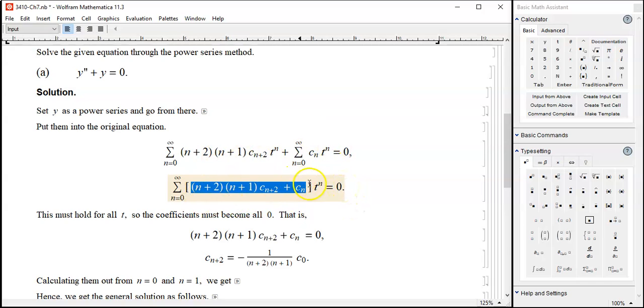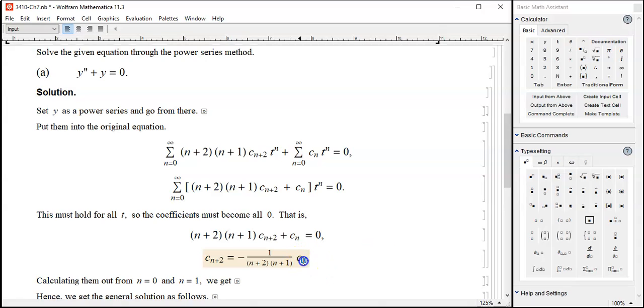We cannot have any non-trivial coefficient. So this whole thing has to be always 0, and that gives me a recursive equation that I can solve c of n plus 2 with respect to cn.